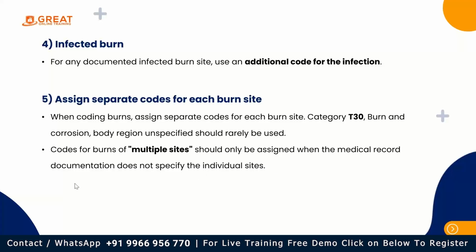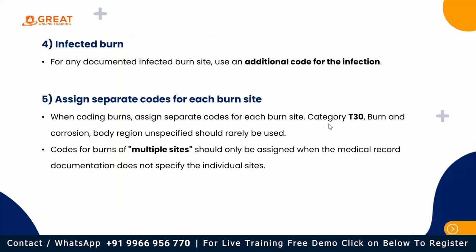So if our medical documentation does not specify individual sites, but multiple sites are involved, in that case we can use the burns of multiple sites code. And when coding for burn, assign a separate code for each burn site.